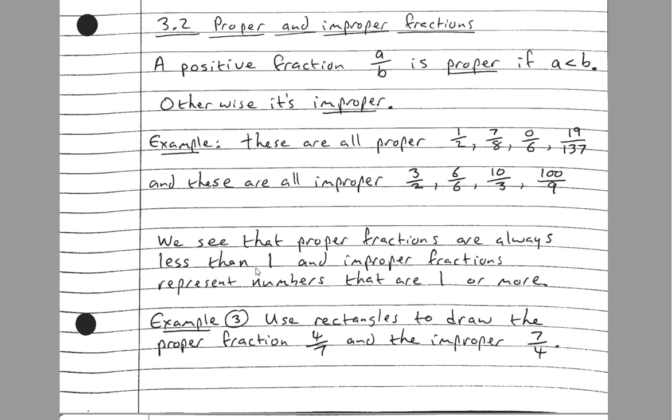You're always going to have less than the full pizza. But improper fractions could be 1 or bigger than 1. This 6 over 6 is improper, and this represents 1.